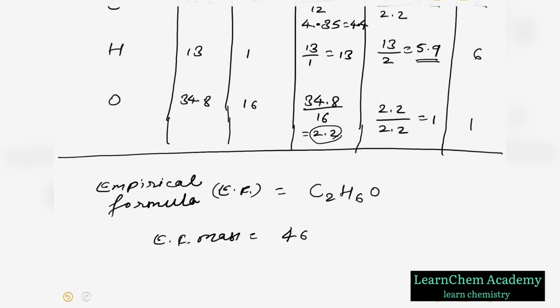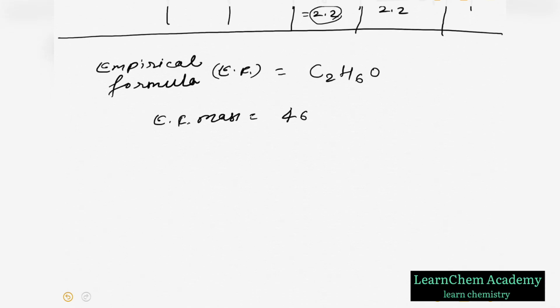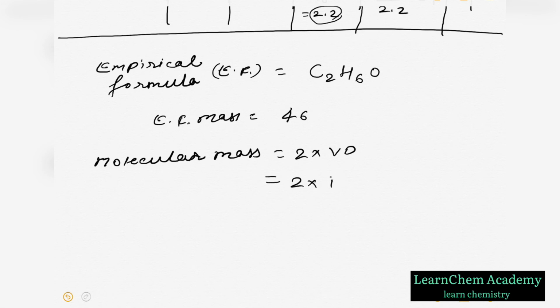Okay, now we have the vapor density. By the given vapor density we can calculate the molecular mass. Molecular mass is equal to 2 times the vapor density. The vapor density is given as 46, so 92 is the molecular mass of the given compound.